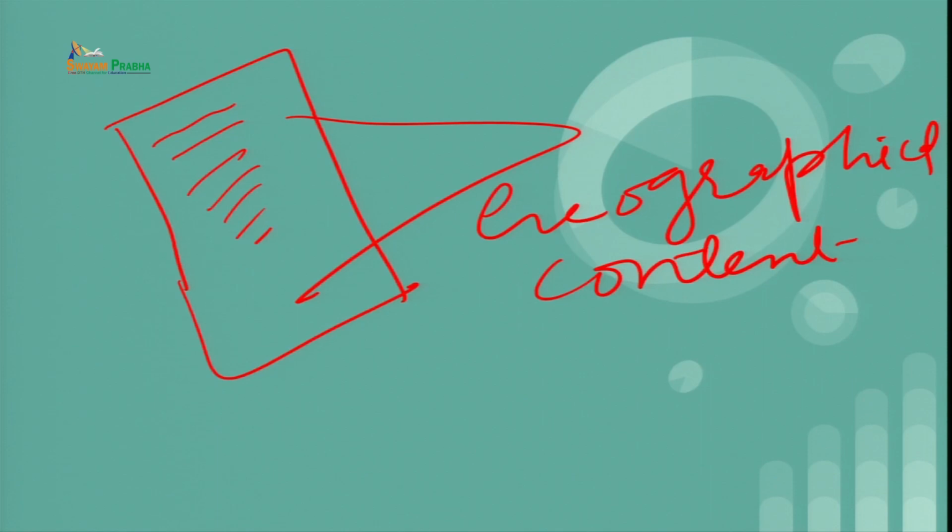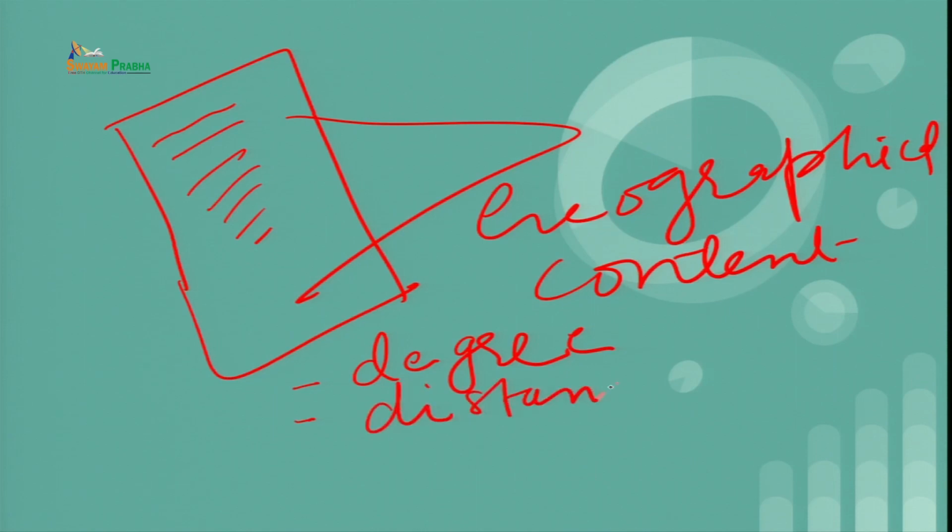So what could be the vocabulary in the geographical context? Suppose students have found that there is a word written over there and it is mentioned as degree. Then they find that there is a word distance. Then they found that equator is also mentioned, globe is also mentioned, hemisphere is mentioned.